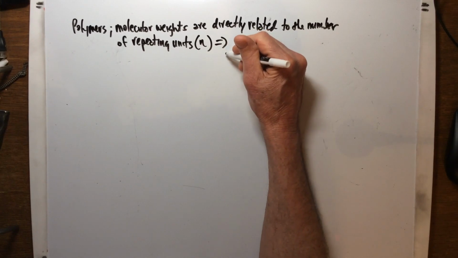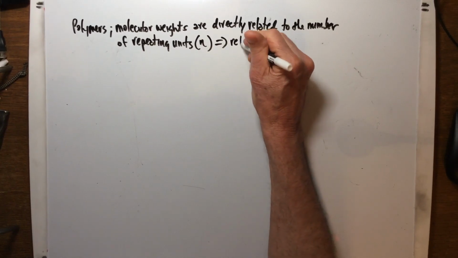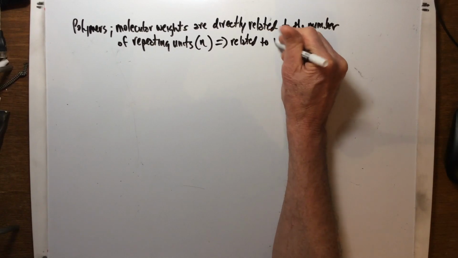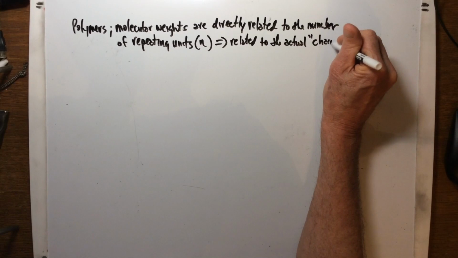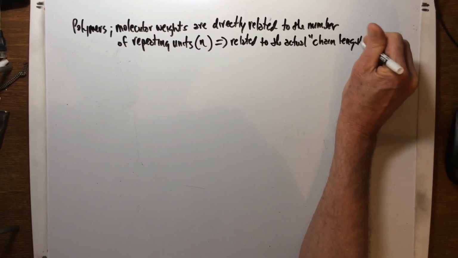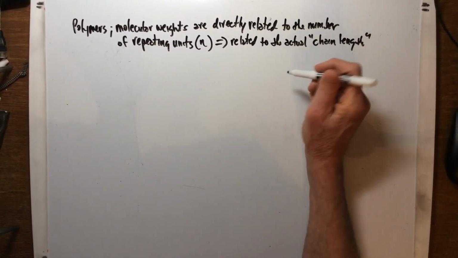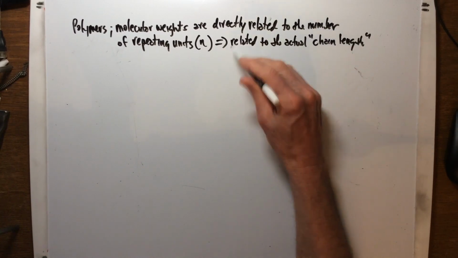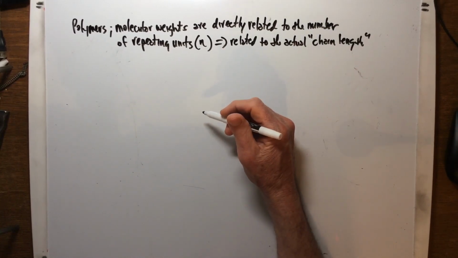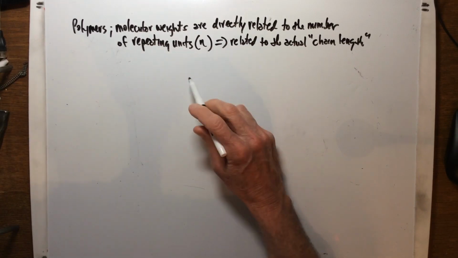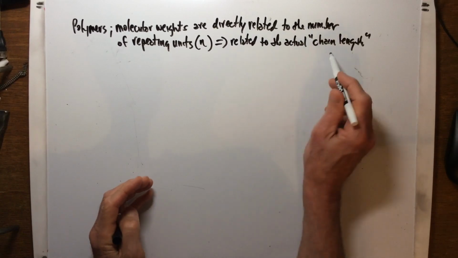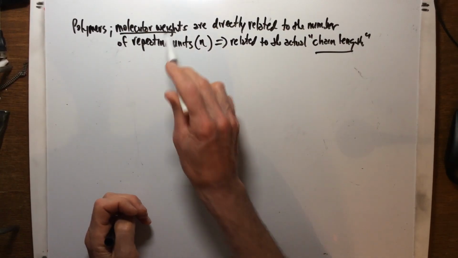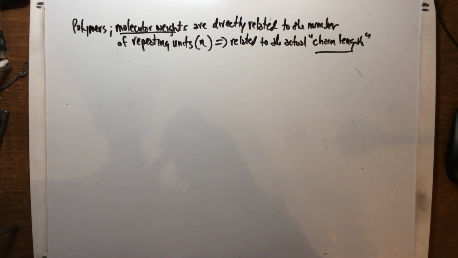So therefore, it's also related to the actual polymer chain length. How long is that chain with all these number of repeating units here? And so many times the chain length and the molecular weight are kind of used interchangeably when talking about these polymers.